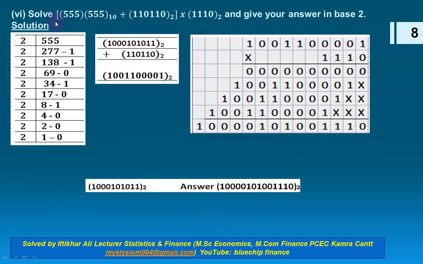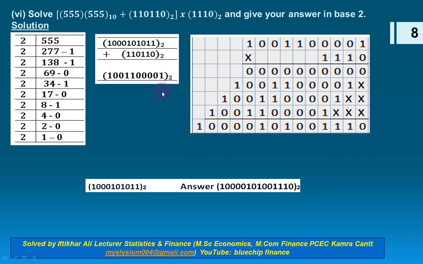Question number 6 is related to the binary section. So simply, 555 decimal multiplied by 555 decimal plus 110110 binary, and the whole multiplied by 110 binary, and give your answer in base 2.